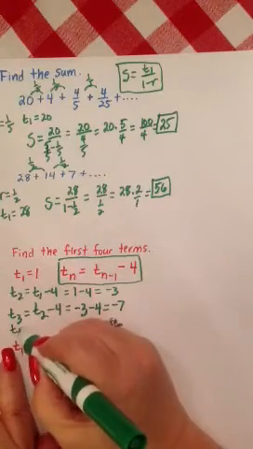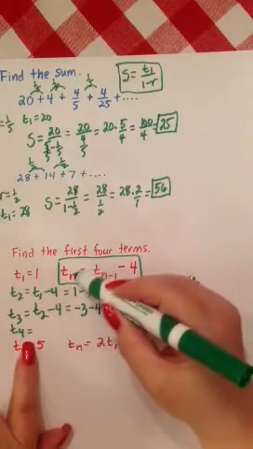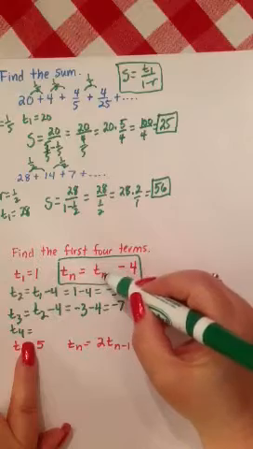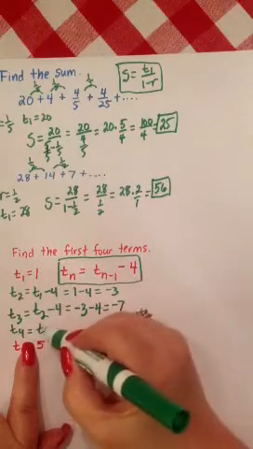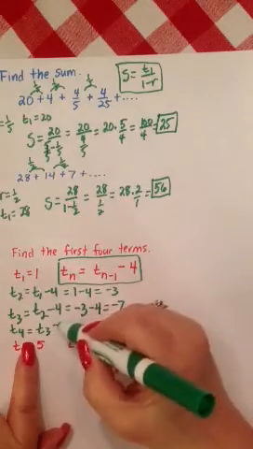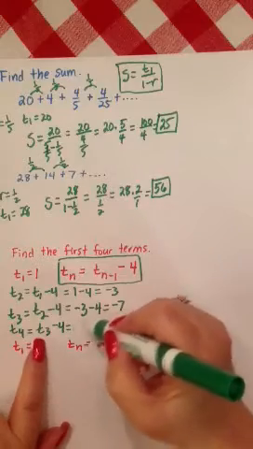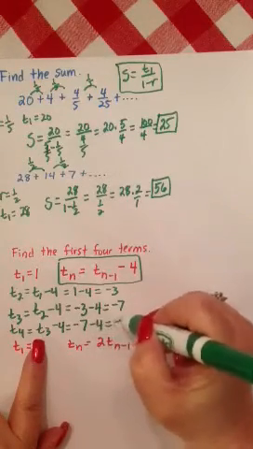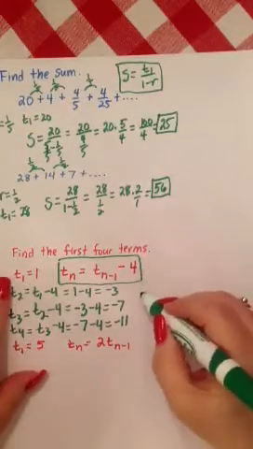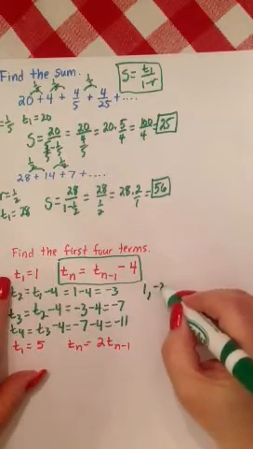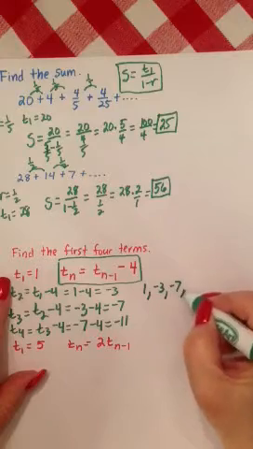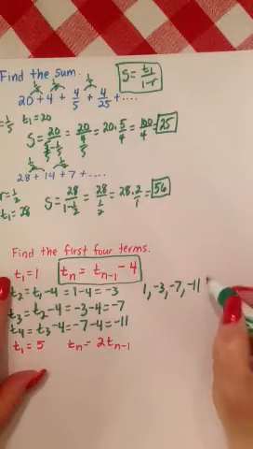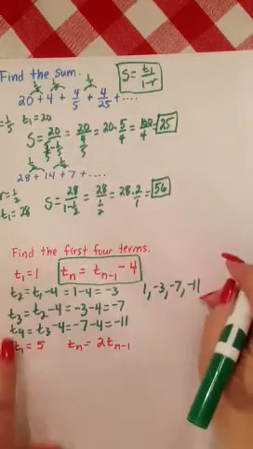To find t sub 4, I just let n be 4, so t sub 4 minus 1 would be t sub 3 minus 4, which t sub 3 we just figured out was negative 7 minus 4, so it's negative 11. So my first 4 terms are 1, negative 3, negative 7, and negative 11. Those are the first 4 terms of the sequence.